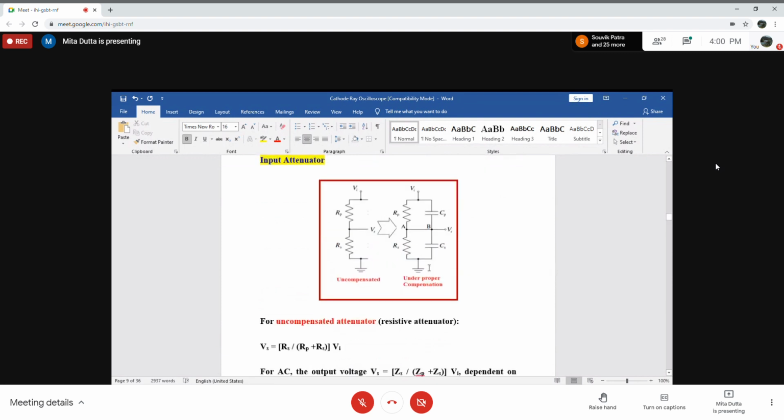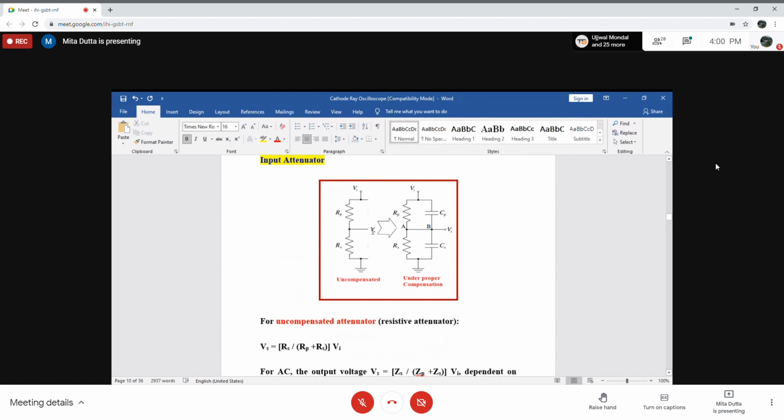Now we have an attenuator. We have a resistor attenuator, which we call an uncompensated attenuator. And the attenuator on the right hand side, we call a compensated attenuator.